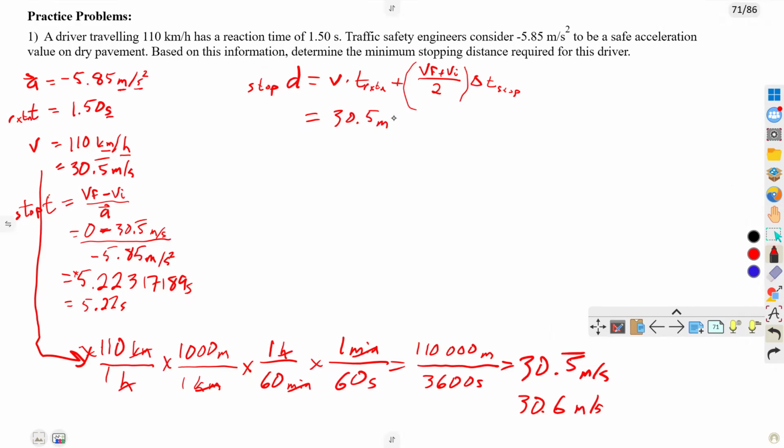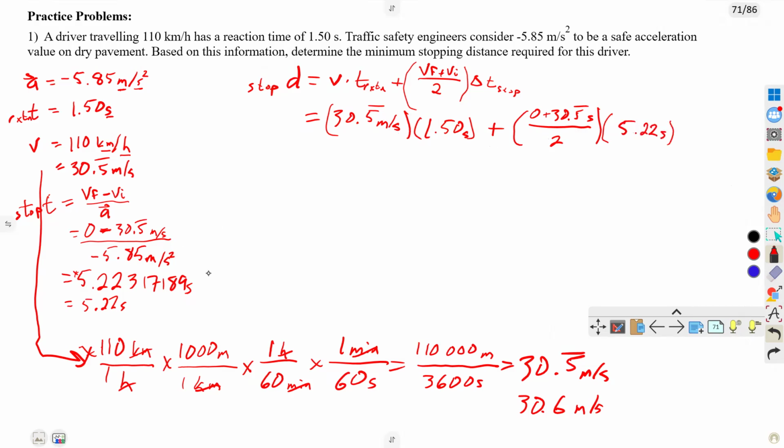30.5 repeating meters per second times the reaction time of 1.50 seconds. We're going to add to that the final speed, which is 0, plus the initial speed, 30.5 repeating, and we're going to divide that by 2 and multiply it by the 5.22 seconds.